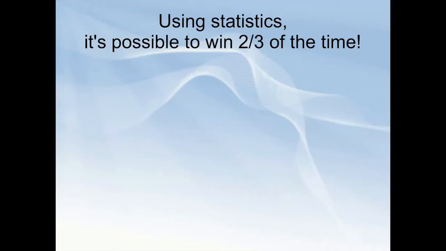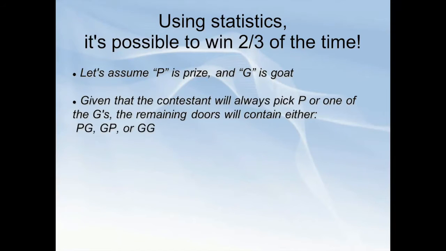In the Let's Make a Deal game show, if you use statistics, it's possible to win 2/3 of the time. Let's assume that P is the prize while G is the goat. Given that the contestant will always pick a prize or one of the goats, the remaining doors will contain either a prize and a goat, or a goat and a prize, or if you get lucky and pick the prize originally, the other 2 doors will be a goat and a goat.